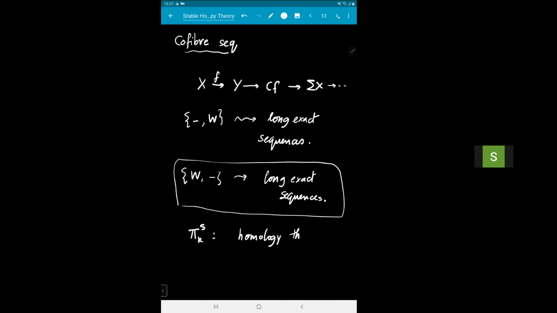Okay, so that has long exact sequences. It has excision, and it has a wedge axiom and so on. Okay, that's not true for usual homotopy groups.